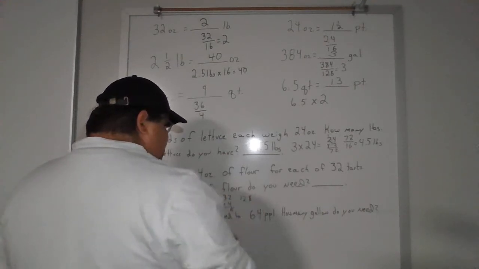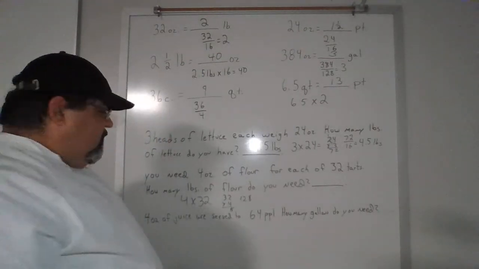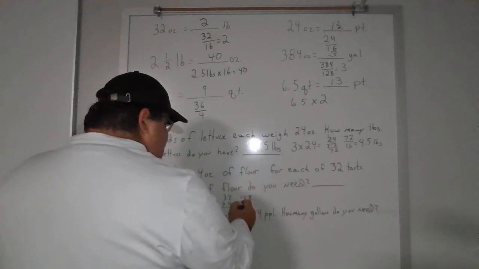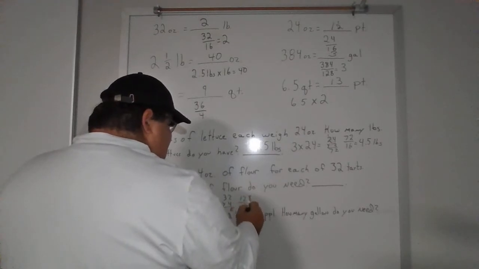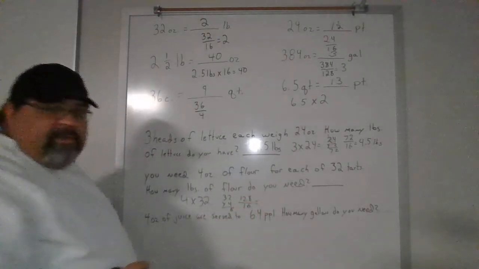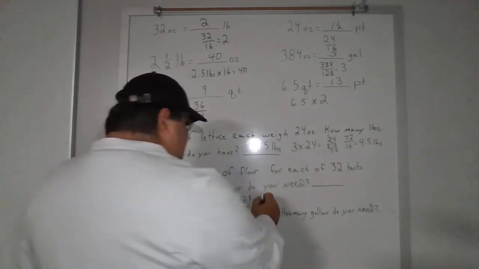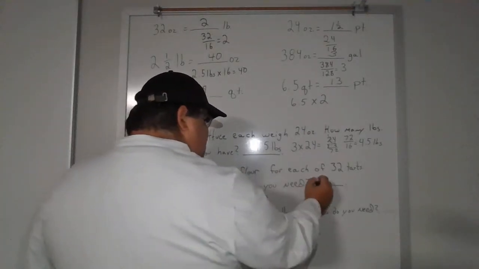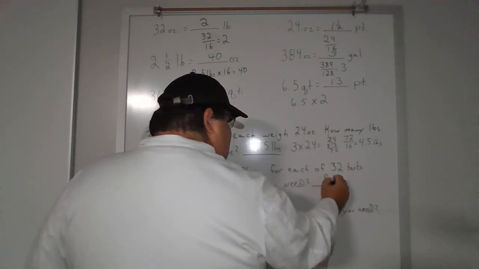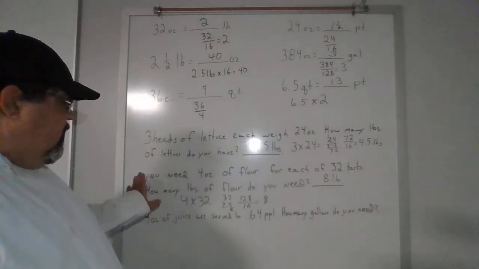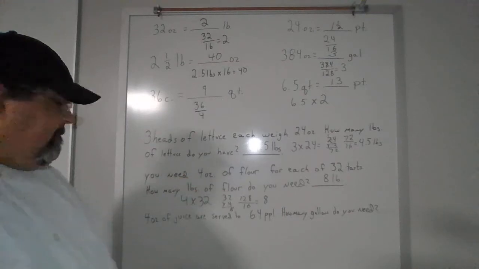That gives us 128. How many pounds of flour do we need? We take the 128 and divide it by 16. 128 divided by 16 gives us 8. So we need 8 pounds of flour for 32 tarts.